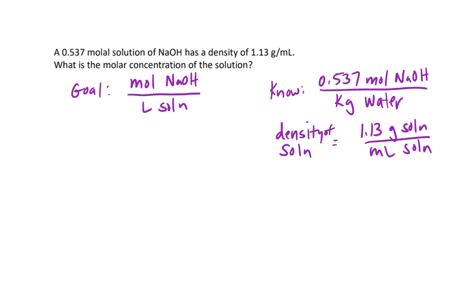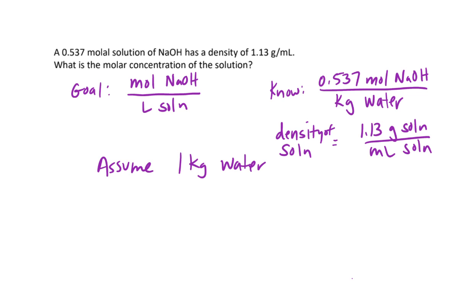The density of the solution is the density of the individual parts. Not quite. It has to be the density of the solution. What else? Yeah, so let's assume that we have 1 kilogram of water, not the solution.